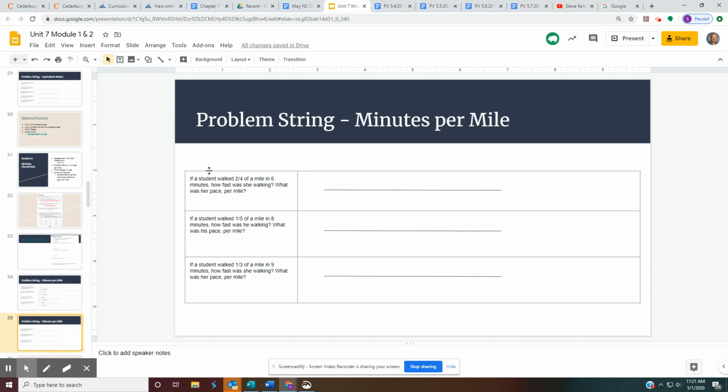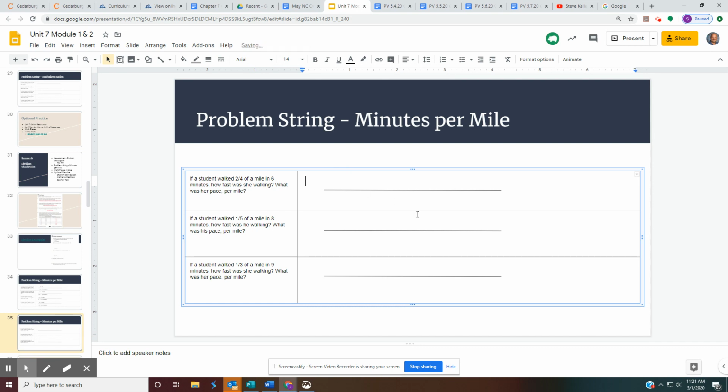On the next page, it says if a student walked 2/4 of a mile in 6 minutes, how fast was she walking? And what was her mile per pace? 2/4 of a mile, and she did that in 6 minutes, right?